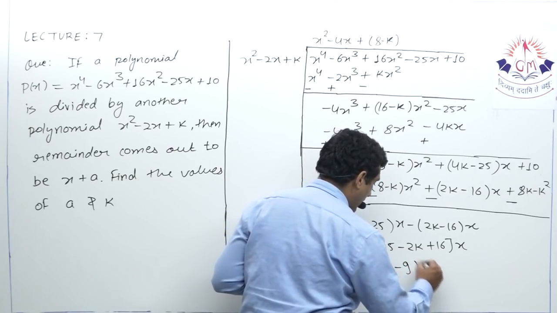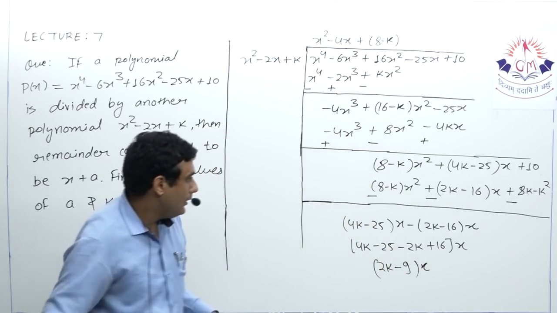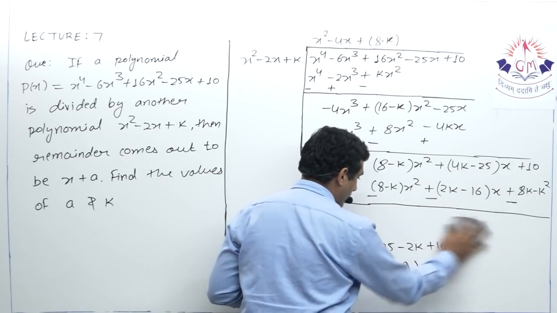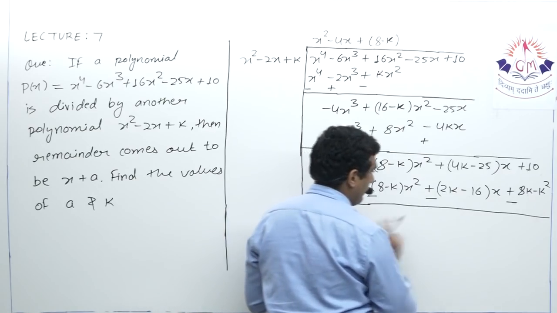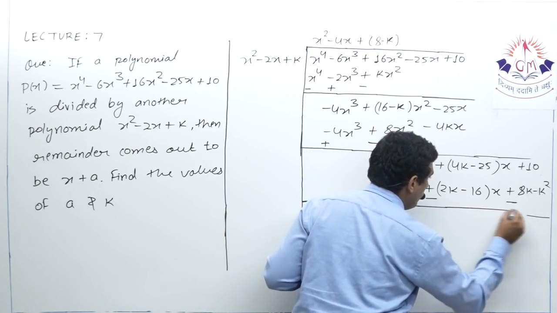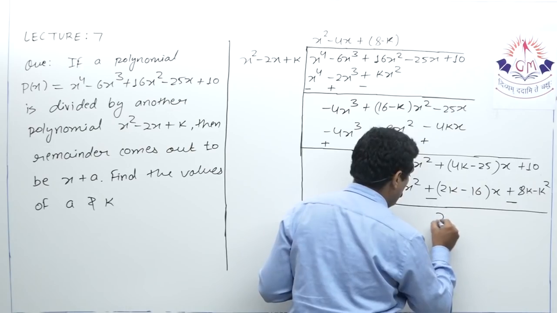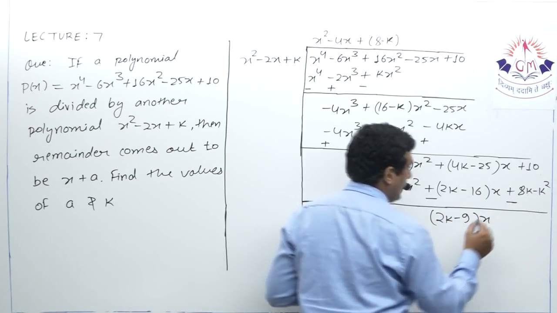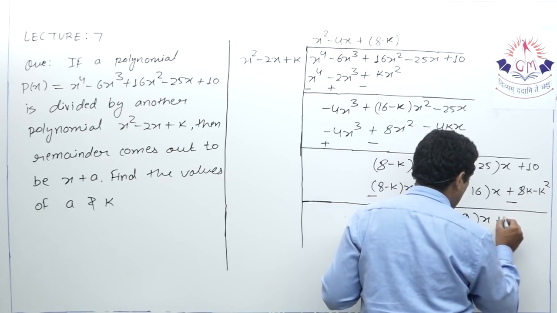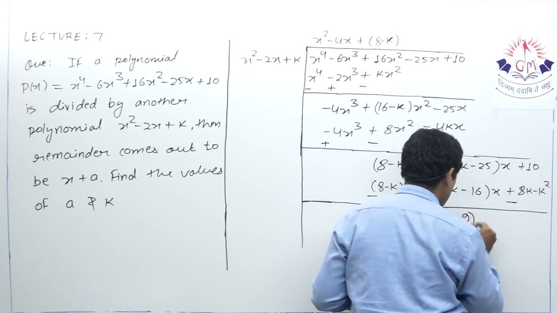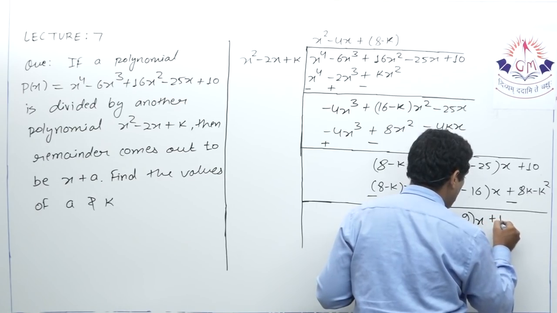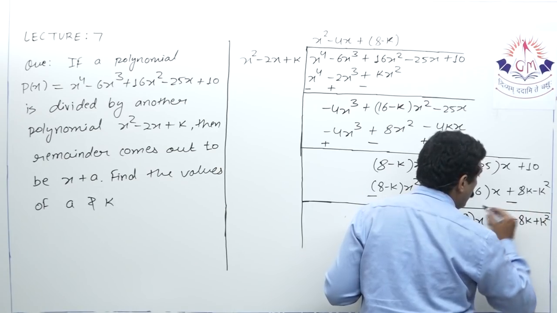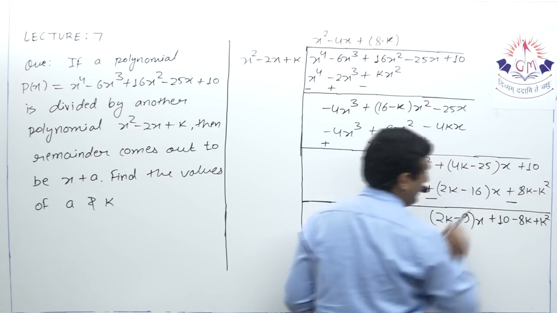Ultimately I'll get 2k minus 9 x. And over here what I'll get is 10 minus 8k plus k square.